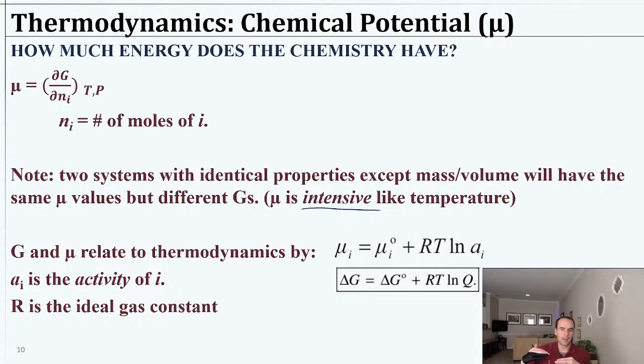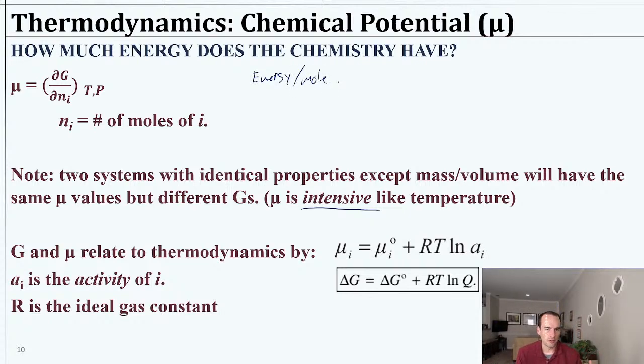Well, mu is the same way. We're going to define it. So G is the combination of how much you have and how energetic, how hot it is. So mu we define as delta G per delta N, or basically the amount of Gibbs free energy per mole. So this is the Gibbs free energy per mole, essentially.